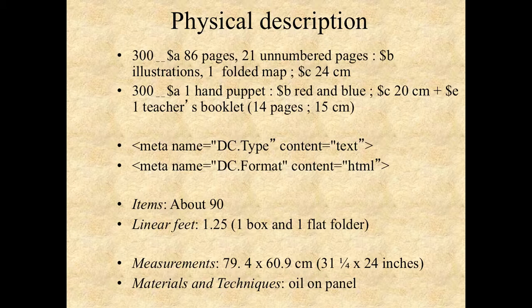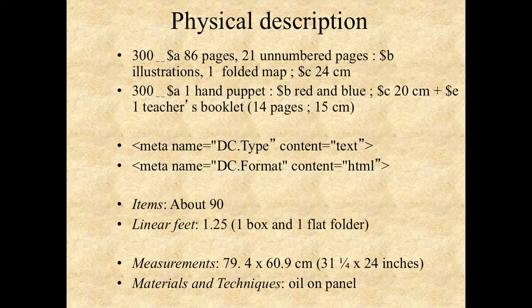And then following that, we have a couple of examples using Dublin Core to give information about an electronic document. So again, that format information, like it is text rather than image, or it is HTML rather than a PDF or a Word document, goes into this physical description area, this format area as well.